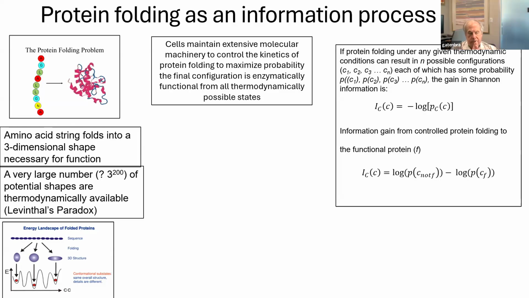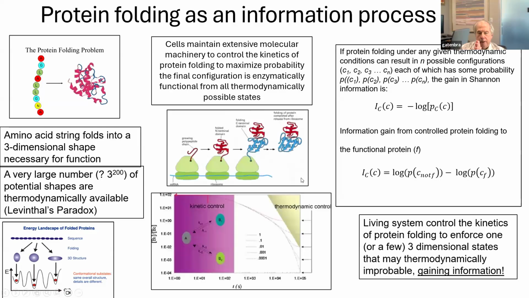But what's interesting is that cells actually use an extensive molecular machinery, and I think that's here, to control the kinetics of protein folding. And so rather than this purely thermodynamic state, which is shown here, the ribosomes and the chaperone proteins, so the human genome has 80 different ribosome proteins, and probably a larger number of chaperone proteins.